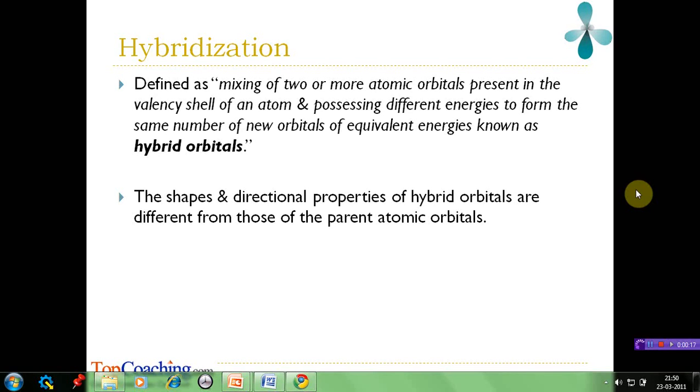Hybridization can be defined as the mixing of two or more atomic orbitals which are present in the valence shell of an atom and possess different energies to form the same number of new orbitals of equivalent energy. These resultant orbitals are known as hybrid orbitals. The shapes and directional properties of these hybrid orbitals are different from those of the simple atomic orbitals from which they were formed.